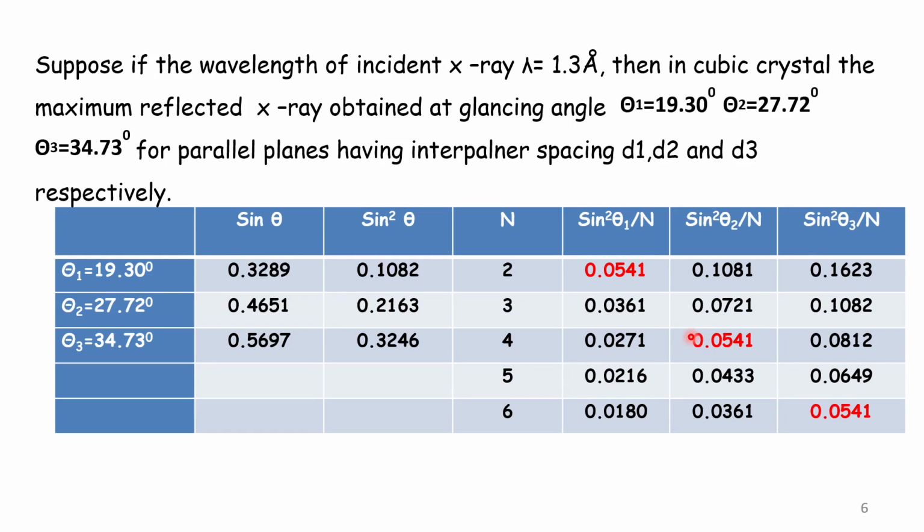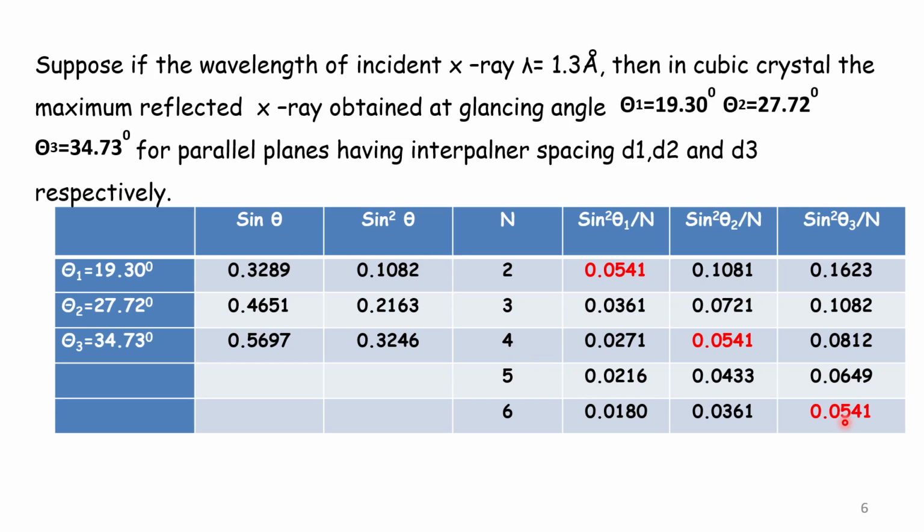For the angle theta 1 equal to 19.30 degree, we get the constant value corresponding to n equal to 2. For the glancing angle theta 2 equal to 27.72 degree, we get the constant value of this ratio sine square theta divided by n corresponding to n equal to 4.